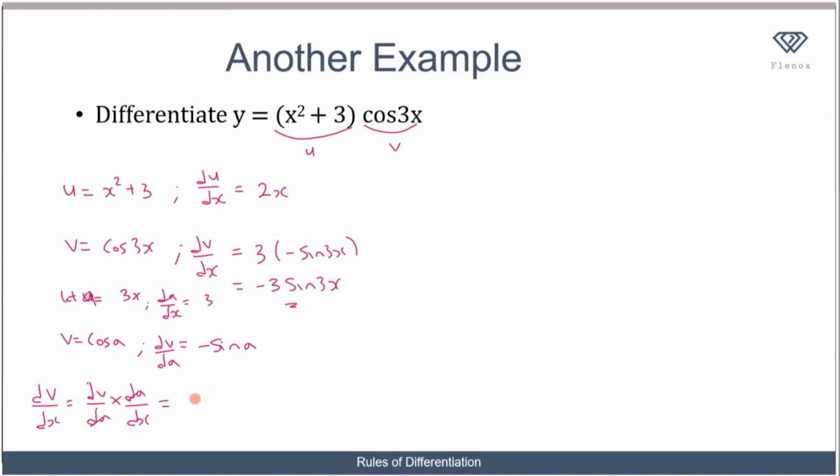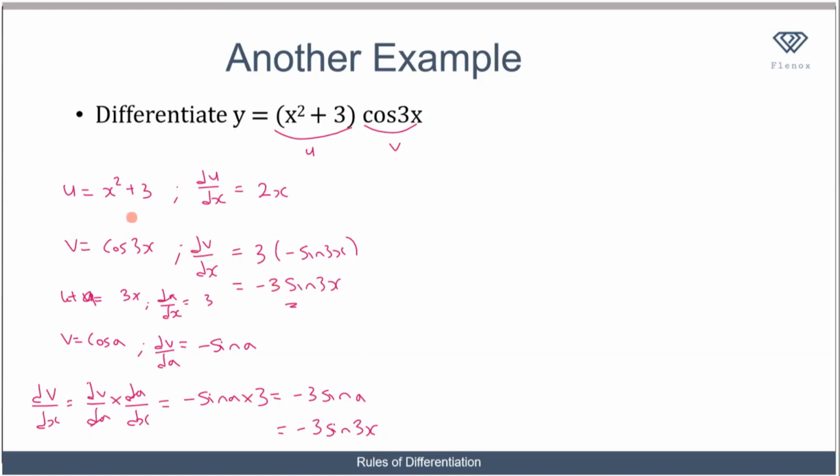So that becomes minus sine A times 3, which is minus 3 sine A. And A we said was 3x, so that becomes minus 3 sine 3x. As you can see, we got what we got.